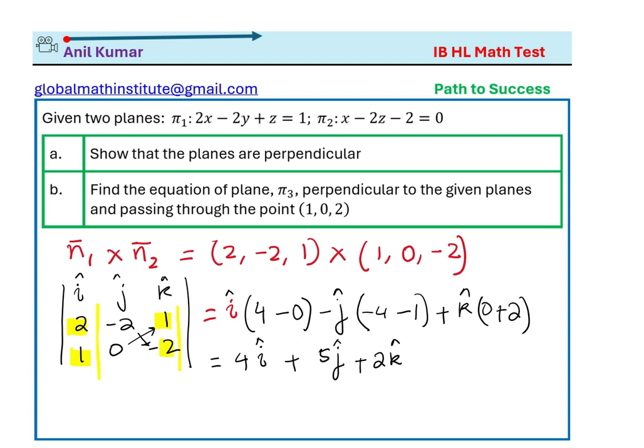So the equation for pi 3 is 4x plus 5y plus 2z, and we can write it equals to something d. To find the value of d, I'm going to substitute the point (1, 0, 2).